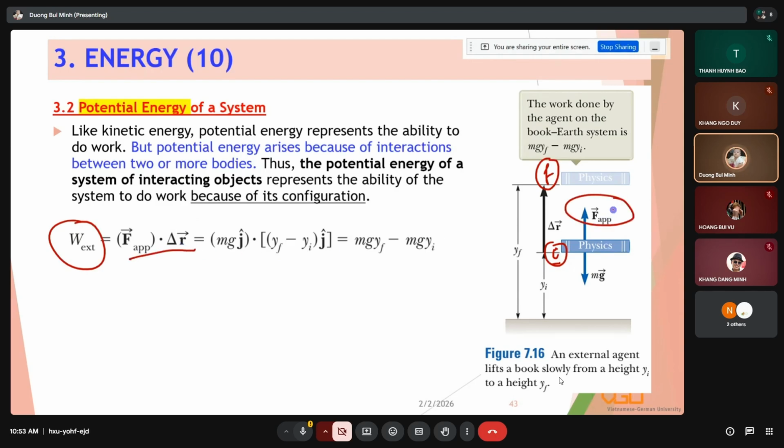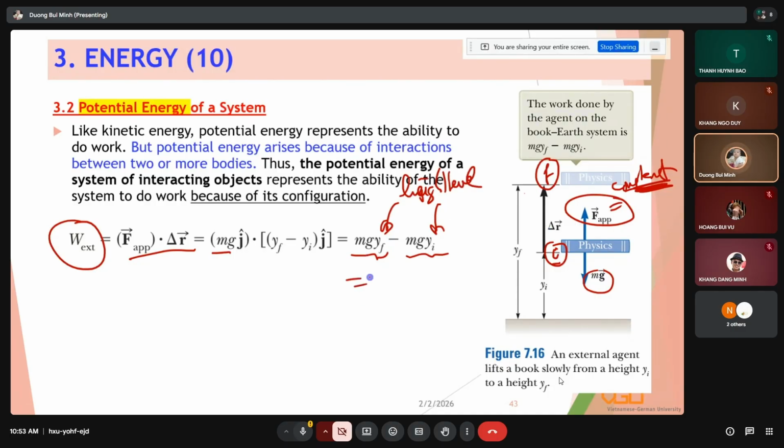Of course F must be constant, please remember it's constant. Applying Newton's second law, F equals mg. This is the external force, and it equals the gravitational force, so they must be equal. So you get mg times delta r, where delta r is yf minus yi. So you get mg yf minus mg yi. Yf and yi are the height levels.